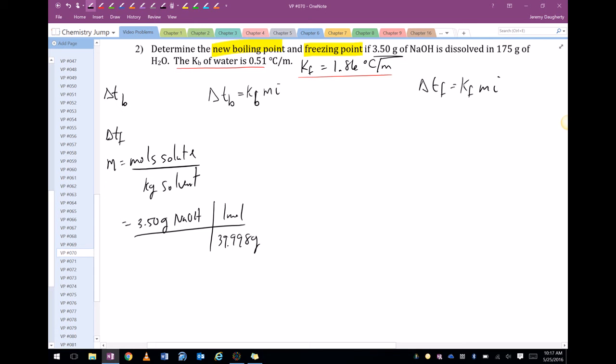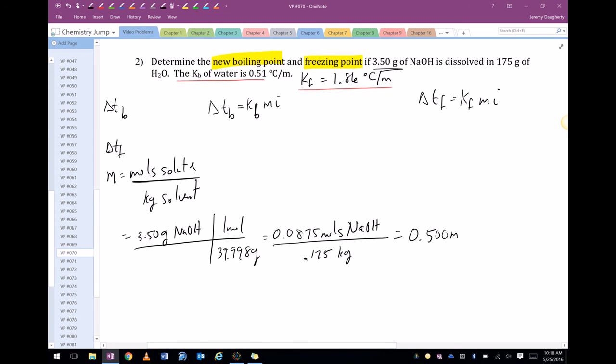So that leaves my moles at 0.0875. So there's my moles of sodium hydroxide. Now if I want to calculate the molality, I'm going to take that value divided by 0.175, because that's my kilograms of solvent. So that gives me a value of 0.500.